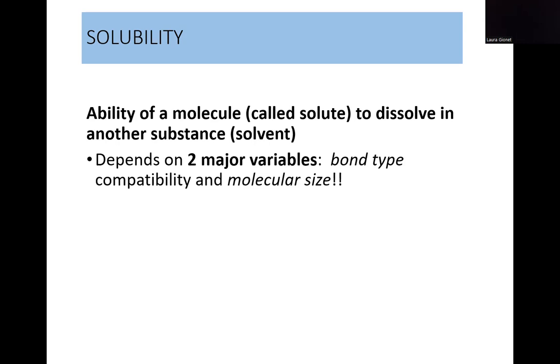So if you are polar covalently bonded, or you're an ion, you want to be with other things with charge. And if you're neutral or non-polar covalently bonded, then you like to be with other similarly bonded substances. All right, so that's what we mean by bond type compatibility. And then molecular size.